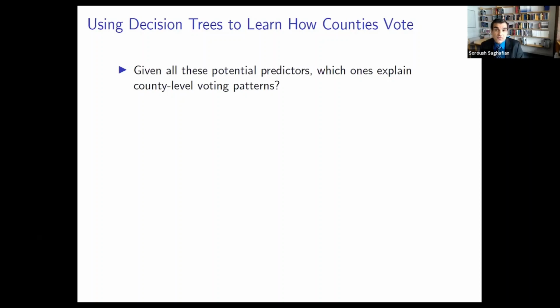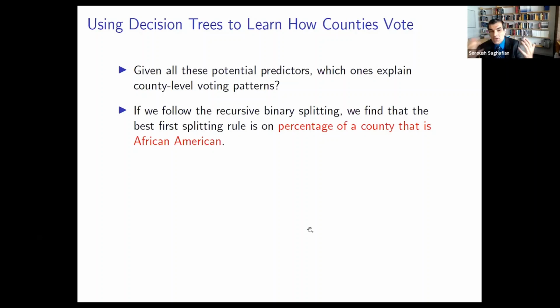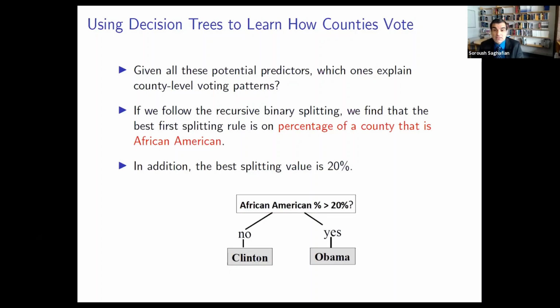And so given all these potential predictors, the question is which one explains the county level voting patterns more? If you use binary splitting techniques, recursive binary splitting techniques, you find that the percentage of a county that is African American is the most important predictor here. And also that the best split is 20%.